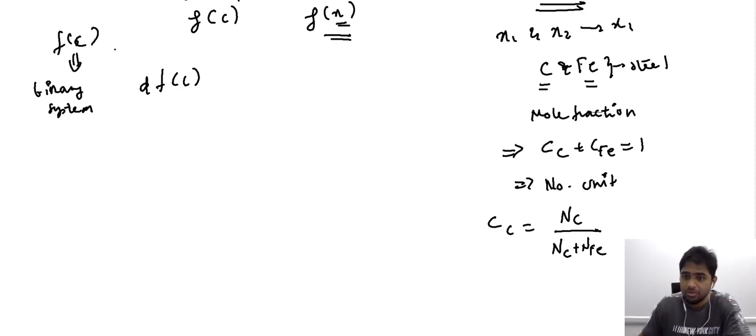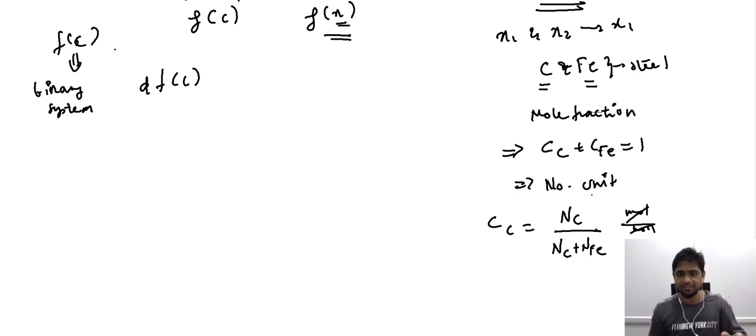So here the numerator will assume the value of moles, and the denominator will also assume the value of moles. They get cancelled out, and ultimately you end up with a dimensionless quantity or a dimensionless parameter to describe the concentration. Therefore mole fraction is adopted to treat concentration in numerical techniques. So whenever there is a possibility of handling a parameter without dimensions associated with it, you would often go for that parameter while handling it in a theoretical framework.